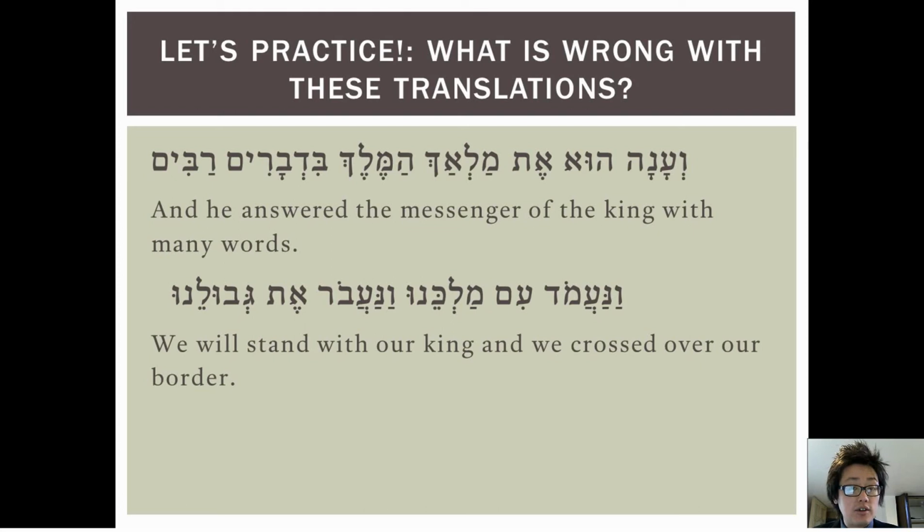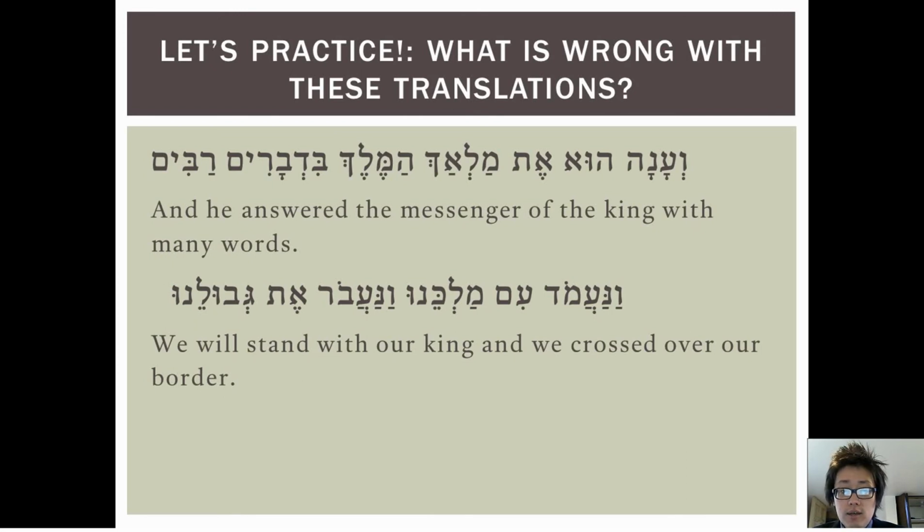He answered malach hamelech. He answered the messenger of the king. How? By means of many words. So this is some kind of loquacious messenger. But answered with or by means of many words.